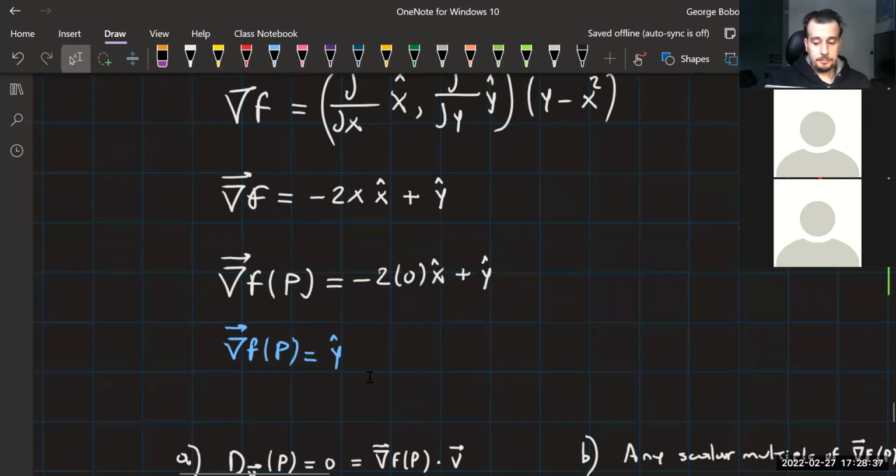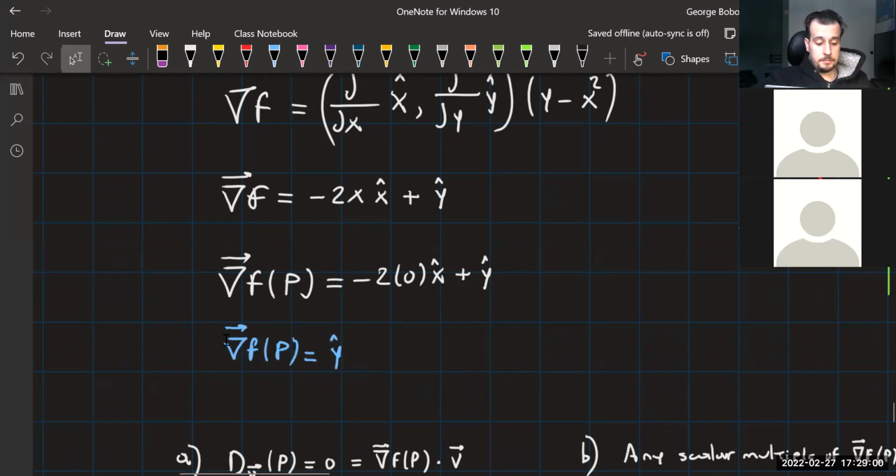Like if you look at it as 0, 1? Yeah, this vector is 0, 1. As a vector, yeah, it's 0, 1. I just write it in terms of unit vectors so you can see the dot products better. But it's 0, 1. That's the gradient at point P.